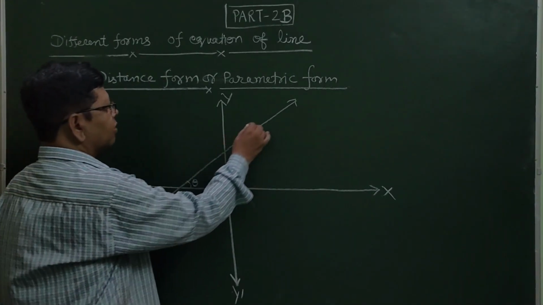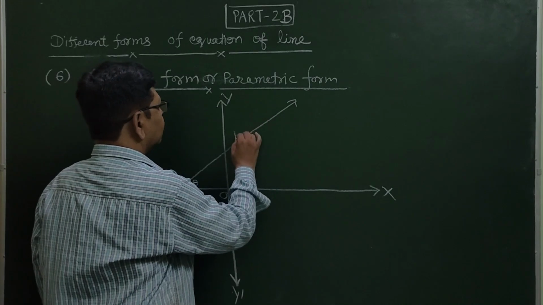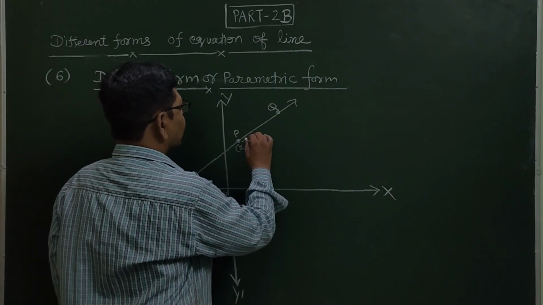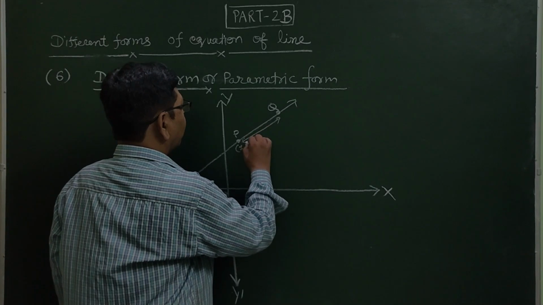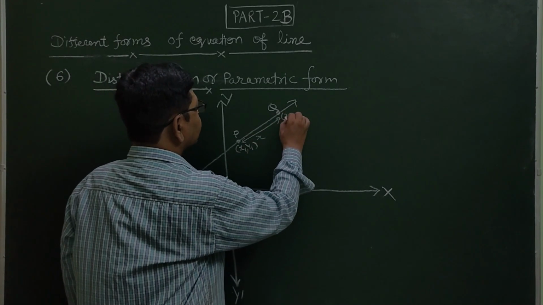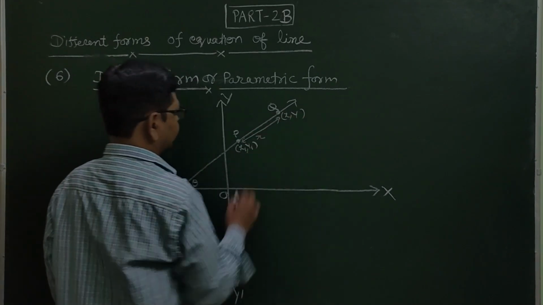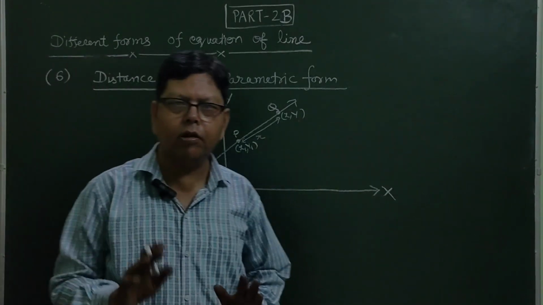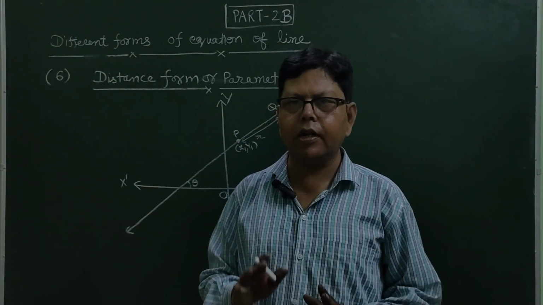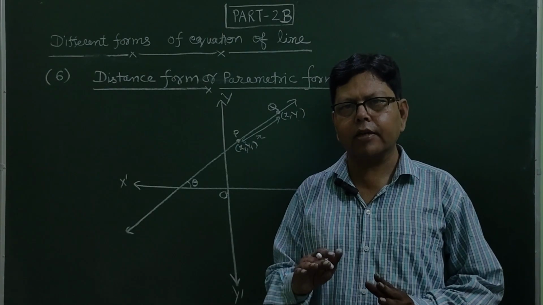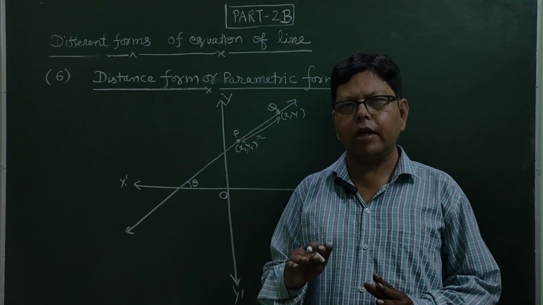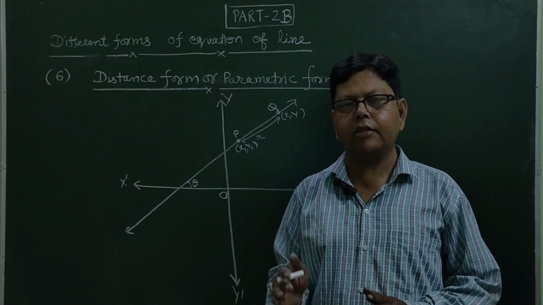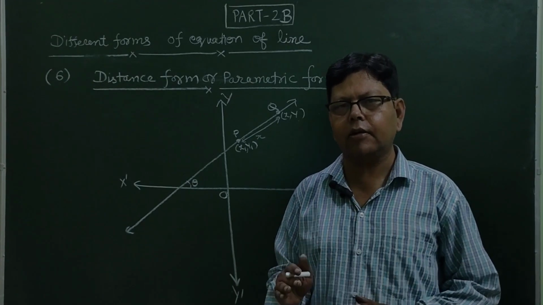Now let us consider one more point here, Q, at a distance r from P, having the coordinates x, y. Now the equation of the line will be represented in terms of x, y, x1, y1, distance r and angle theta.